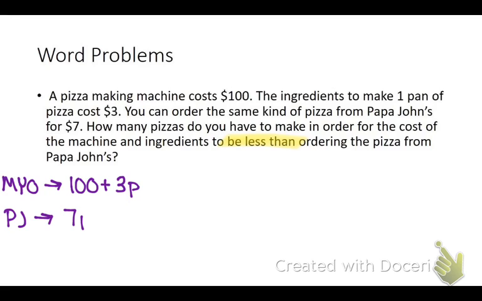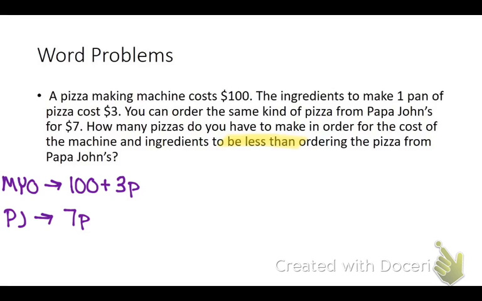7p, $7 per pizza. Again, I don't know how many pizzas I need to order in order to start tipping the scale, basically so that it was worth it to buy my machine. So here's how I know how to set it up. I want which one to be less, the make your own or the Papa John's?